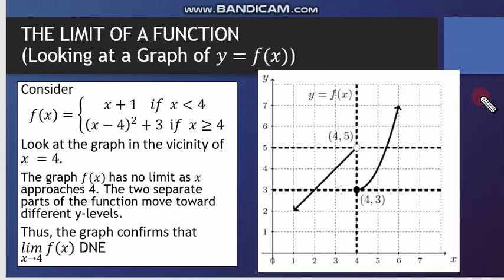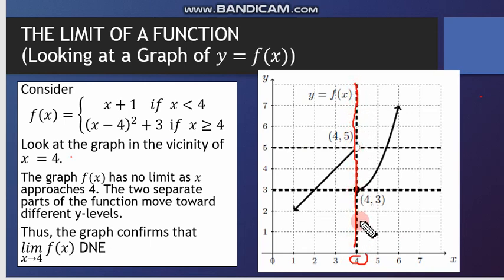Okay, for our last example, consider f of x is equal to x plus 1 if x is less than 4, and quantity x minus 4 squared plus 3 if x is greater than or equal to 4. So we will look at the graph in the vicinity of x is equal to 4. Here at x is equal to 4, we will divide our graph.